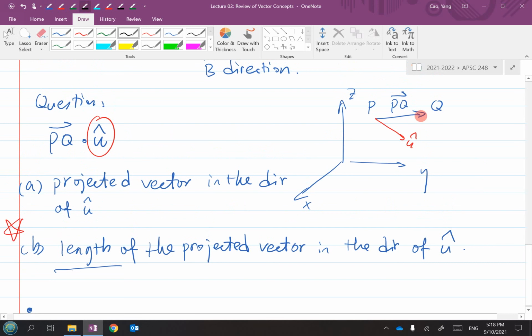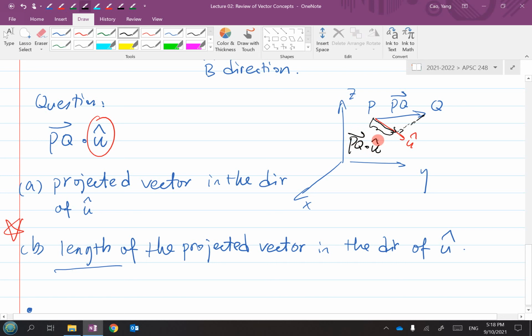When I say the projection PQ in the U-hat direction, you drop a line like this, at 90 degrees, and then you get your projected vector, the black one. And then you also have the length representing that black vector. The length of this black vector here is PQ dot U hat.